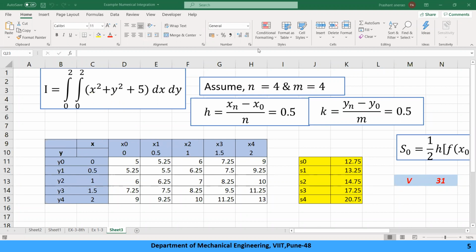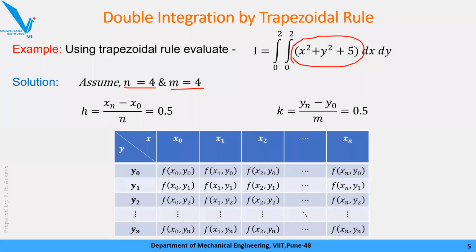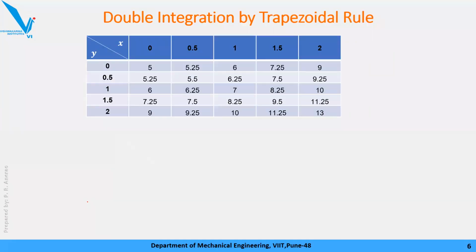Now going to the next step. In the next step, based on the table, you will calculate S0, S1, S2, S3 and S4. S0 you calculate based on only row number 1.